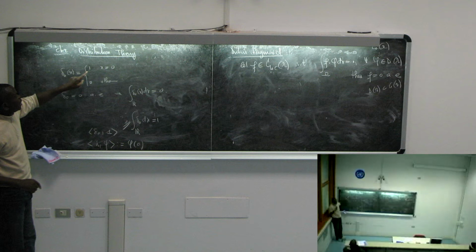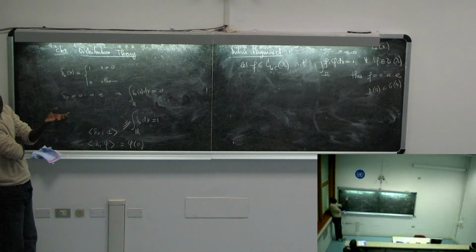What is the normal derivative you know for this function? You cannot compute it because this function is not differentiable in the usual sense. But in distribution theory, we will show that this function is C infinity. You understand?